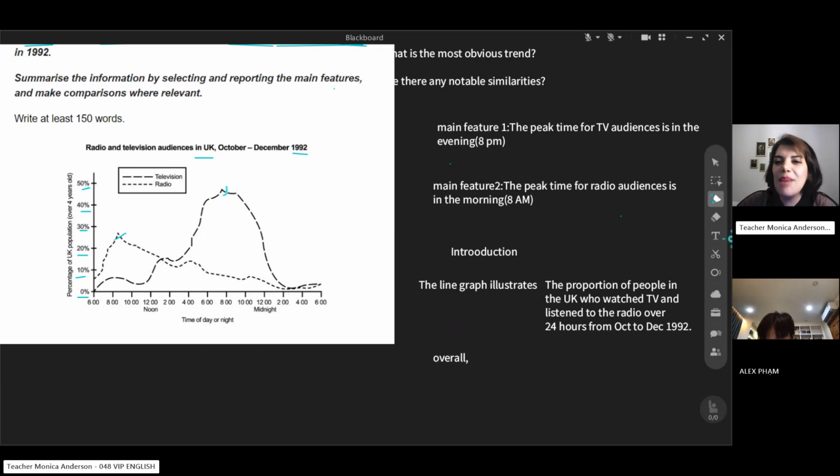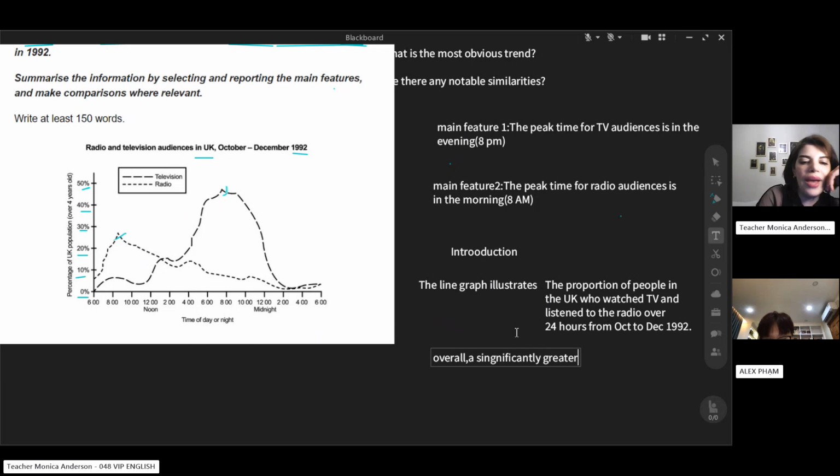So let's write it. Overall, I need an adverb here. When it comes to a very big, important change or difference, I can use significant. Significantly, as you said higher, I say greater.